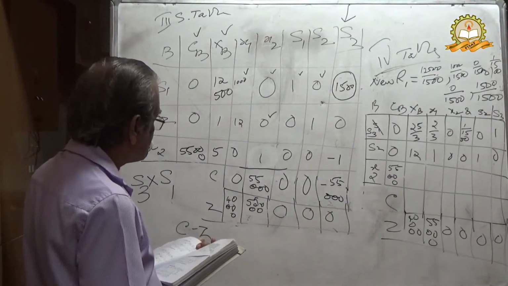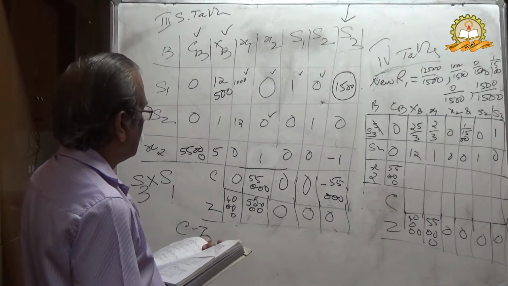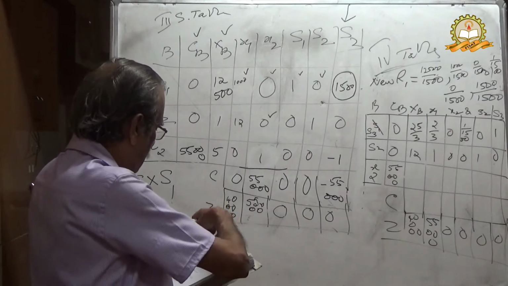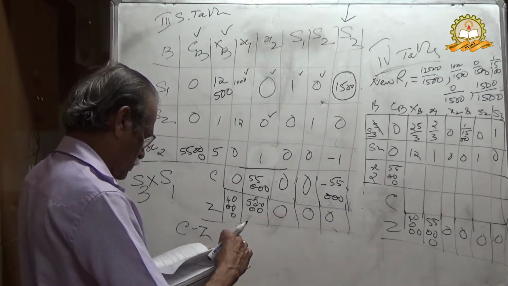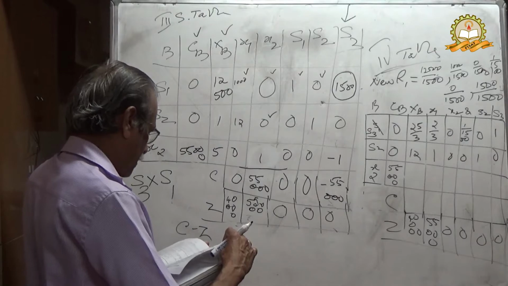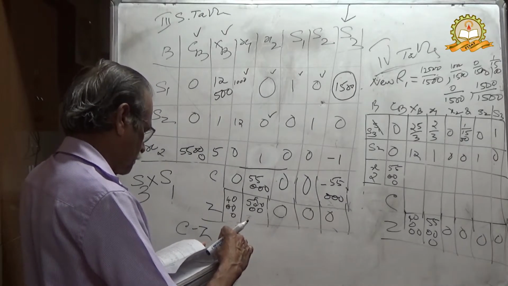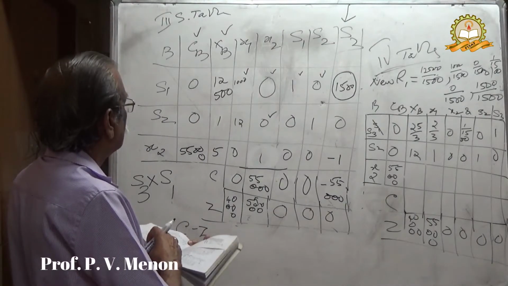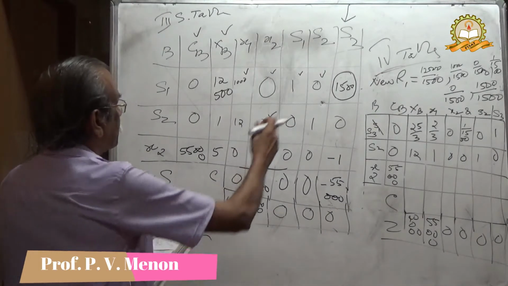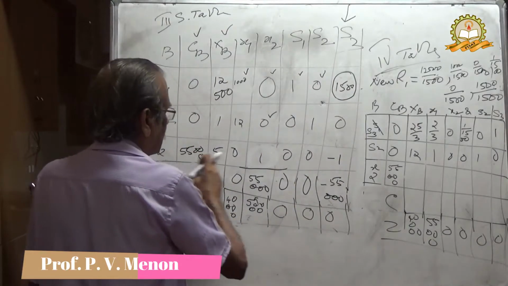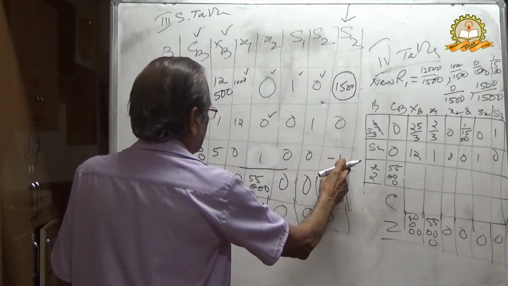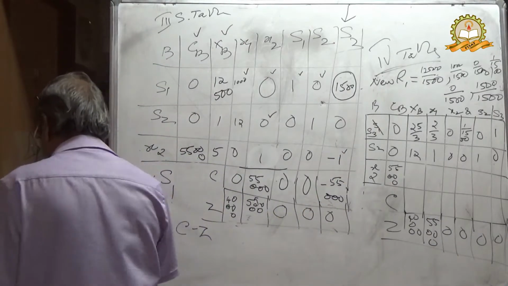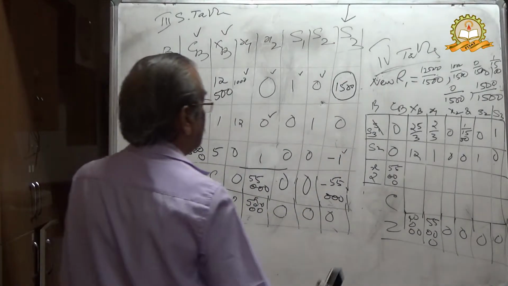Then under X3, under column X2, under column S3, under row X2, here the number is -1.